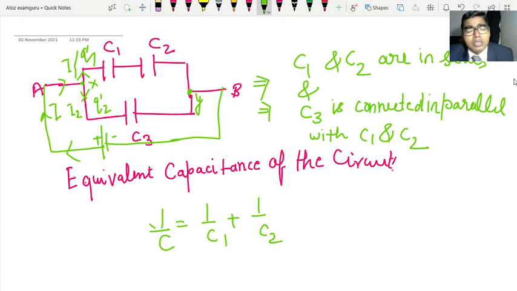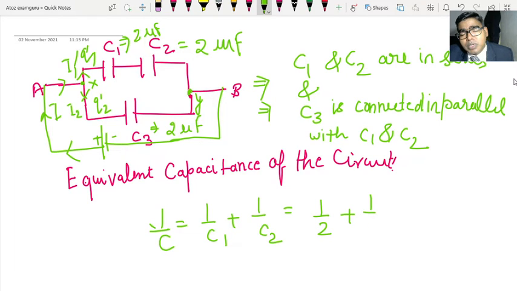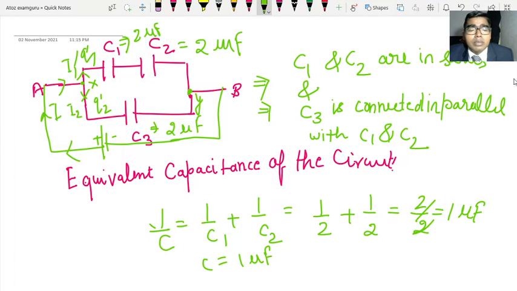For convenience, we will assume some values. Let us say each is 2 microfarad. Then it is 1 upon 2 plus 1 upon 2, which is 2 by 2, simply 1 microfarad. So C equals 1 microfarad.